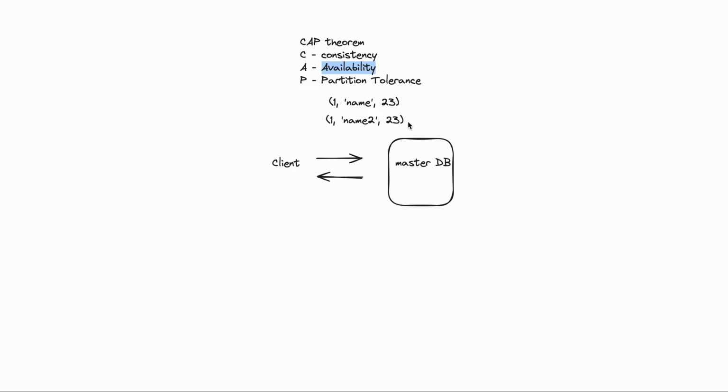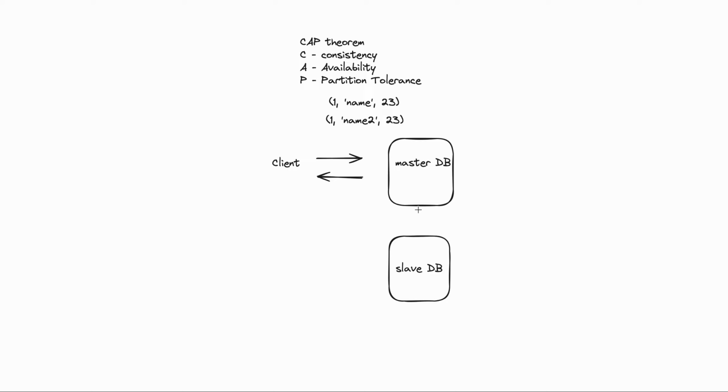So what is availability? If the machine fails, the master DB fails, then the system is not available. So how to make it more available? We can create a slave DB setup. Now the system is more available. It's not 100% available, it's more available.